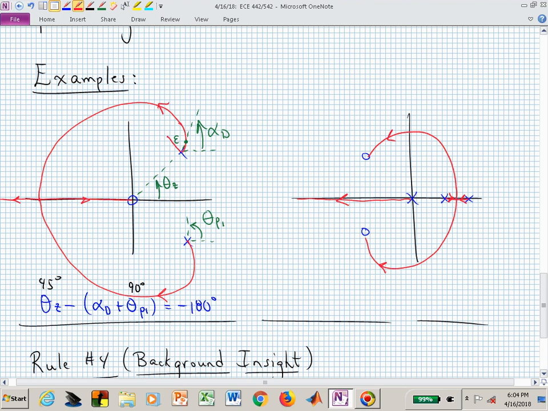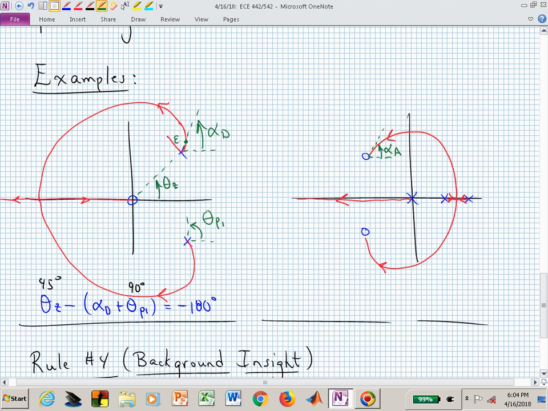The angle of arrival, the way I've sketched it, is right there. I would draw the line tangent to that red branch and measure that angle between this positive real segment and that angle.